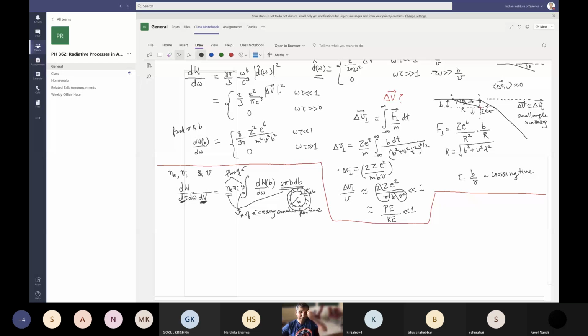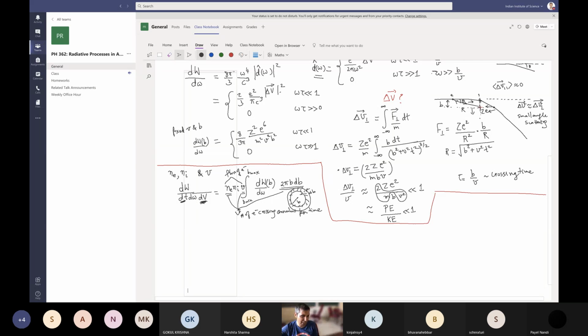Is this clear? This is like a standard calculation where we have some scattering cross section embedded in this, and then we sum over all these impact parameters. Now this summation goes over some B min to B max, the range of impact parameters.